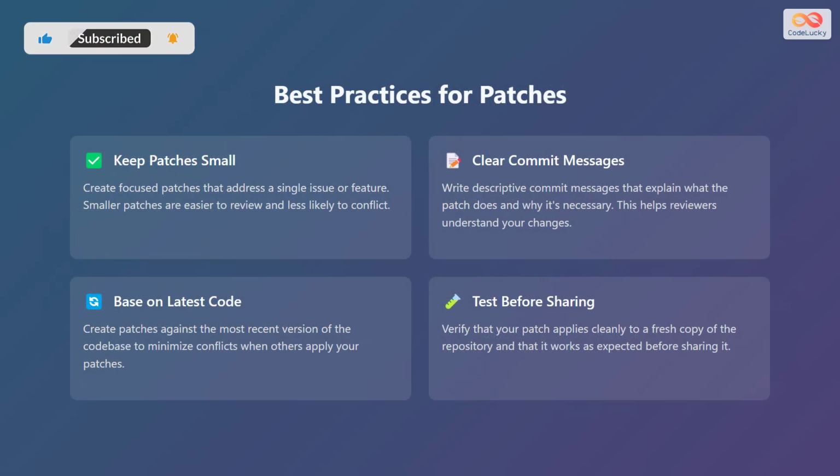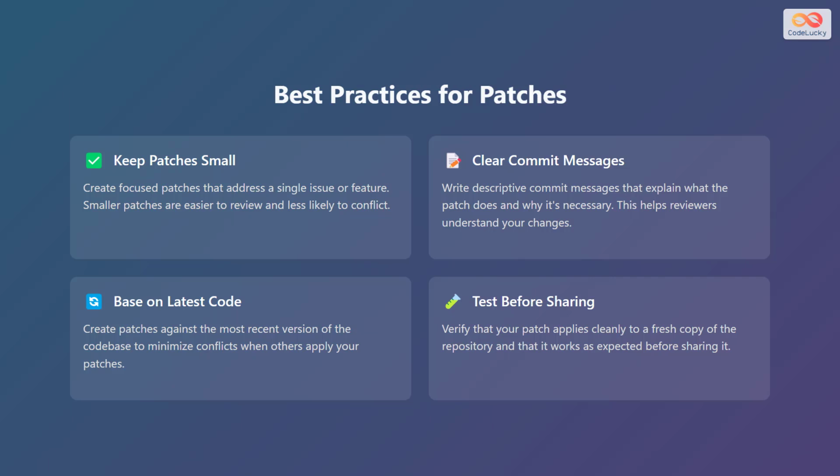Here are some best practices to keep in mind when working with patches. First, keep patches small. Create focused patches that address a single issue or feature. Smaller patches are easier to review and less likely to conflict. Second, use clear commit messages. Write descriptive commit messages that explain what the patch does and why it's necessary.